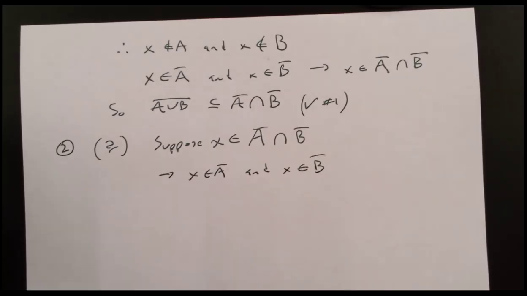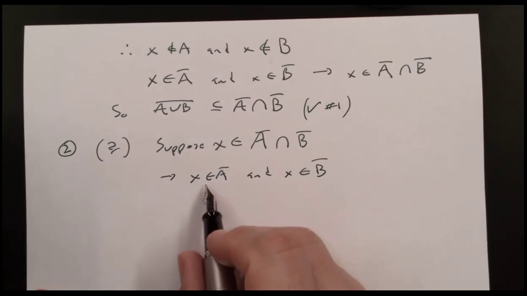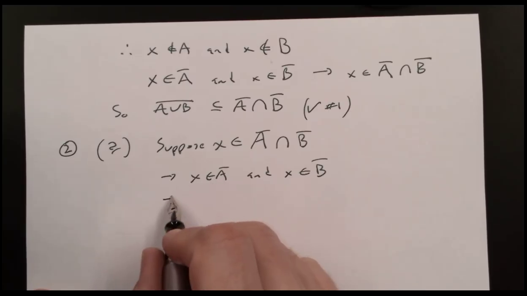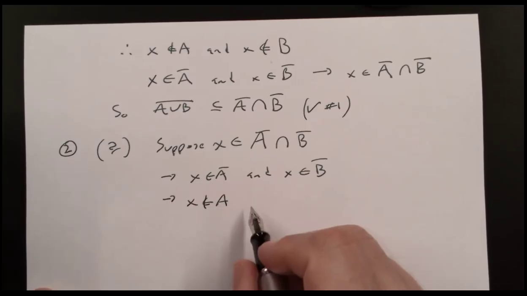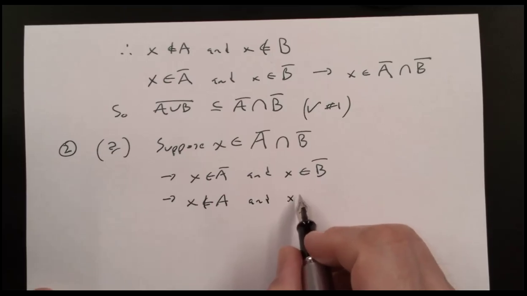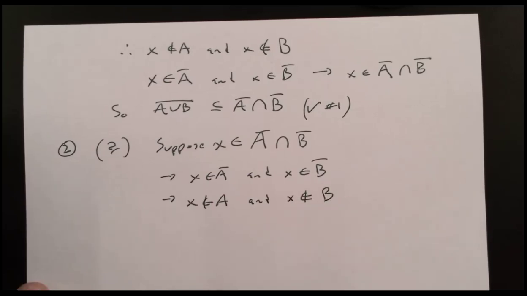I'm basically going to work the same set of sentences we wrote down exactly backwards. If you are in A complement, then you must not be in A. And you must not be in B.